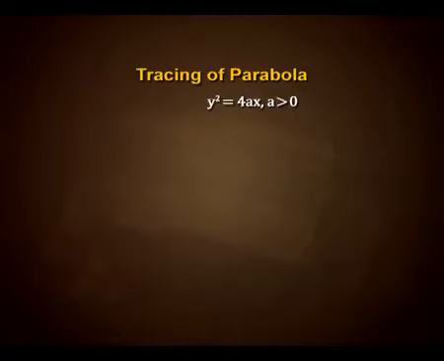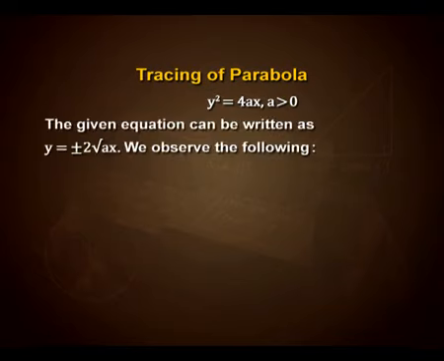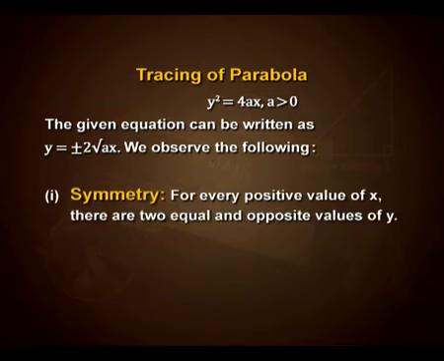Now, let us look into the tracing of parabola y square is equal to 4ax, where a is greater than 0. The given equation can be written as y is equal to plus or minus 2 into square root of ax. We observe the following. First, symmetry.